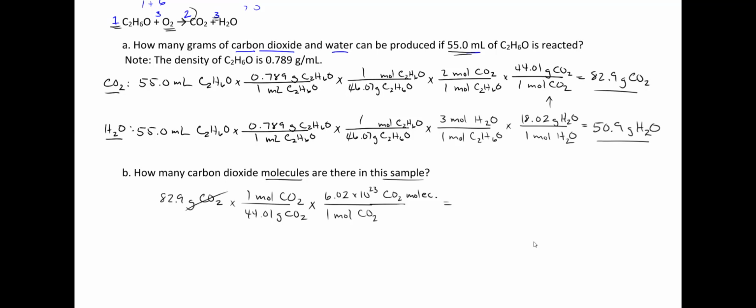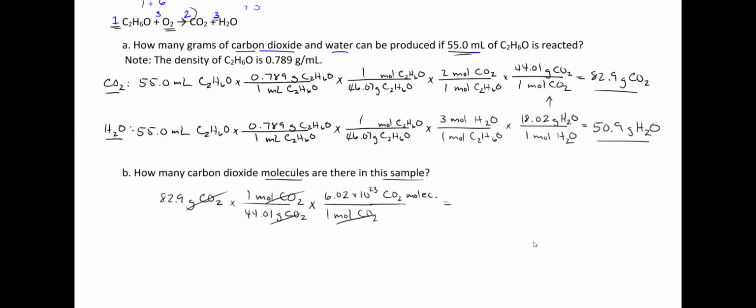All right, let's just cancel the units. And we're going to get a huge number. That's to be expected whenever we're asking how many atoms or how many molecules in any sample that would be a size that we could see. So we have 82.9 divided by 44.01 times Avogadro's number, 6.02.